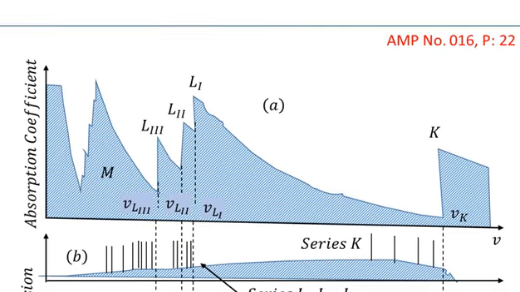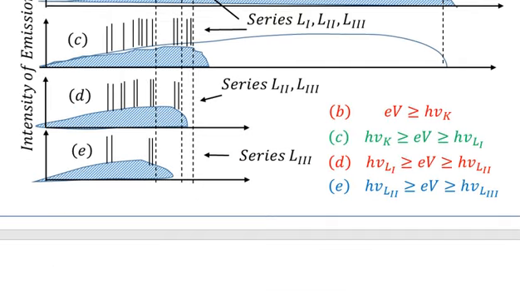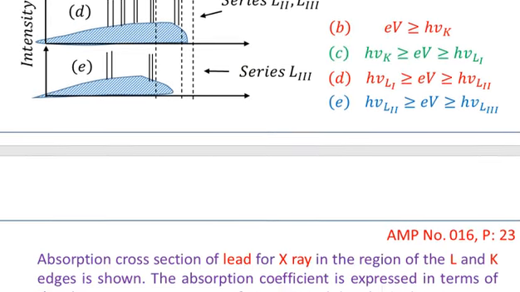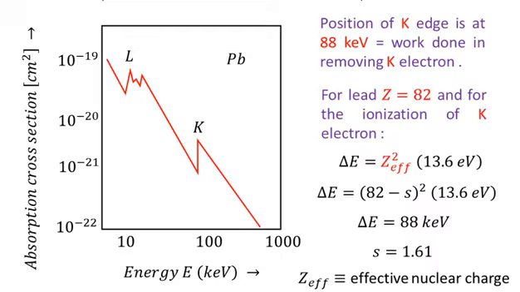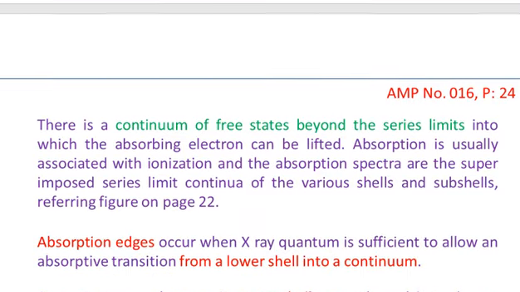So you see that in the absorption spectra we have K edges, L edges, M edges, which are superimposed on the absorption coefficient spectra, and otherwise, without these edges, there will be a continuum of states, and the absorption spectra will attenuate continually with the increase in energy of the incident electron.